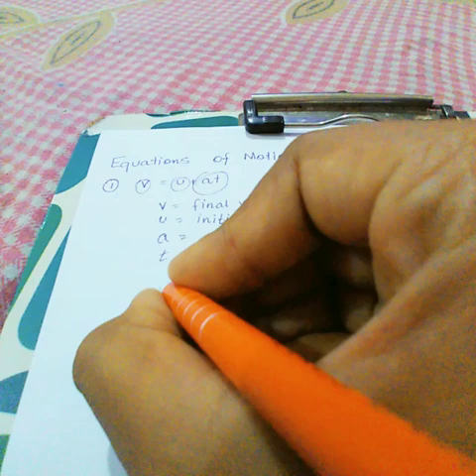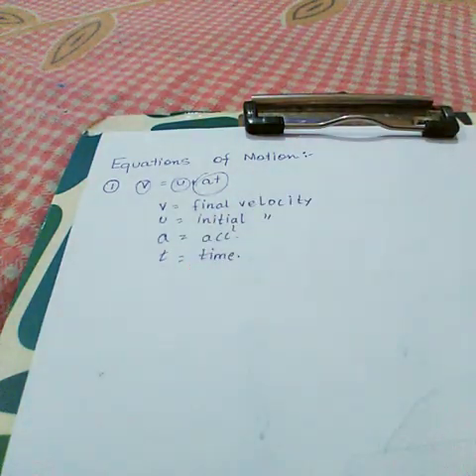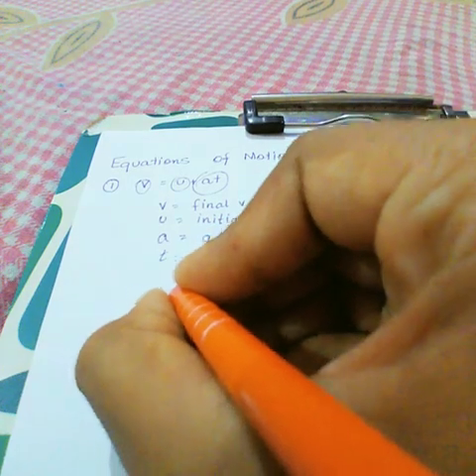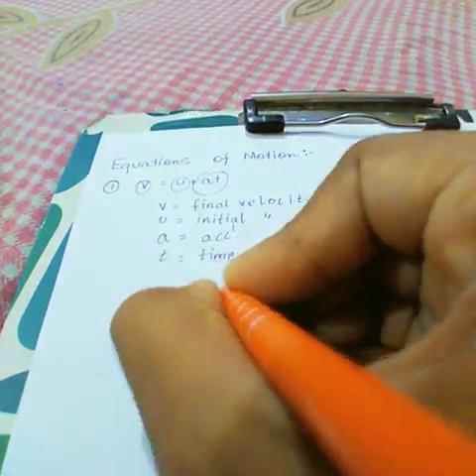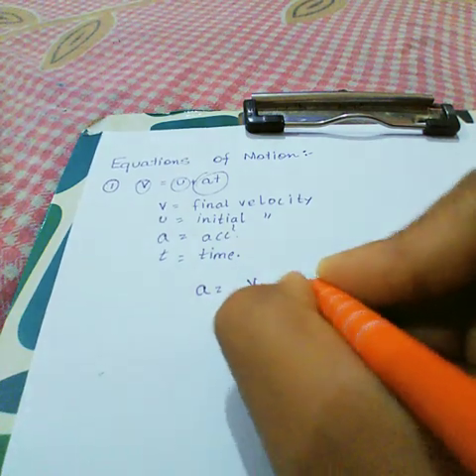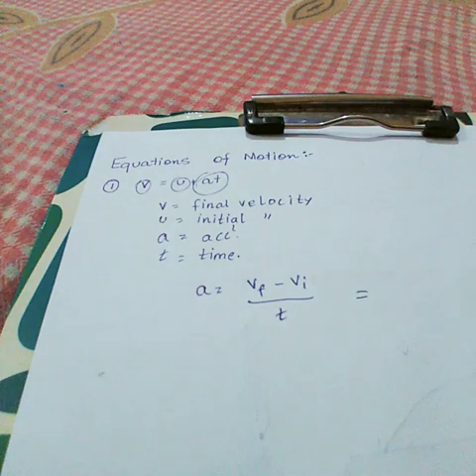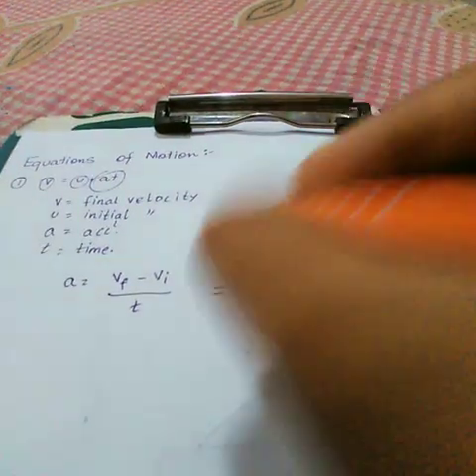We know that if we take final velocity as Vf, acceleration equals final velocity minus initial velocity by time. So we are taking final velocity as v.